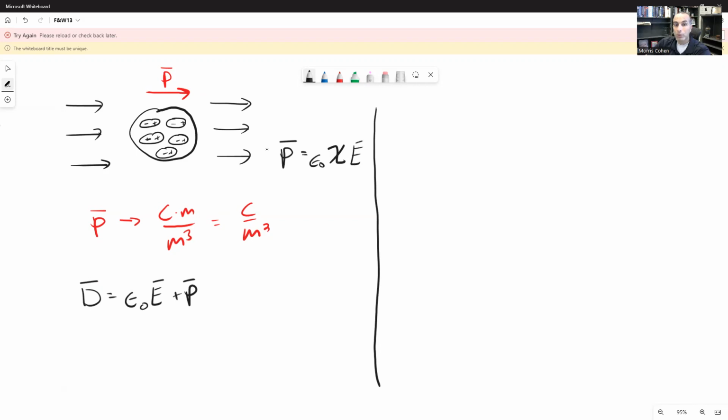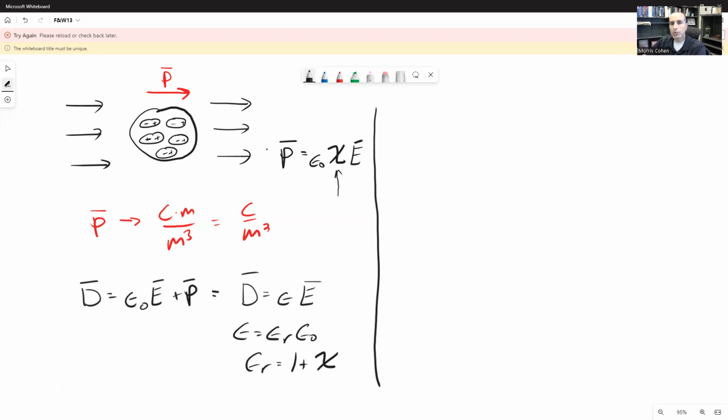For many materials, it will be true that there's going to be a constant proportionality between the strength of the electric field and the intensity of the polarization. So this enabled us to rewrite D as D equals epsilon E, where epsilon equals some relative value times the free space value, and the relative value equals 1 plus this proportionality constant chi.